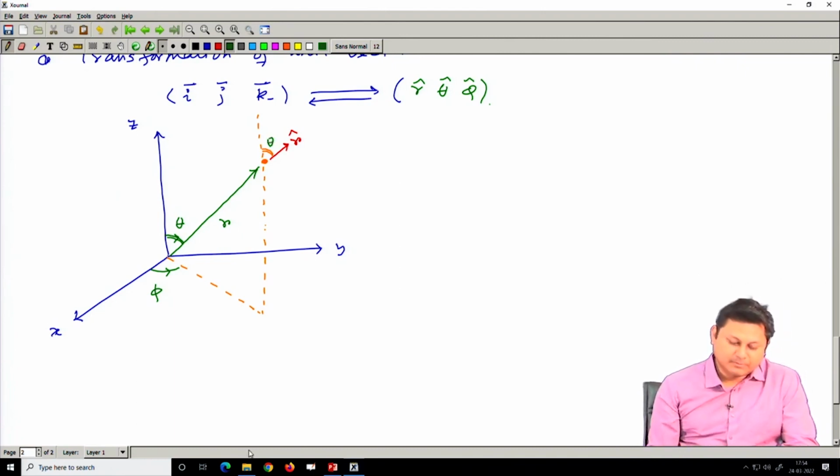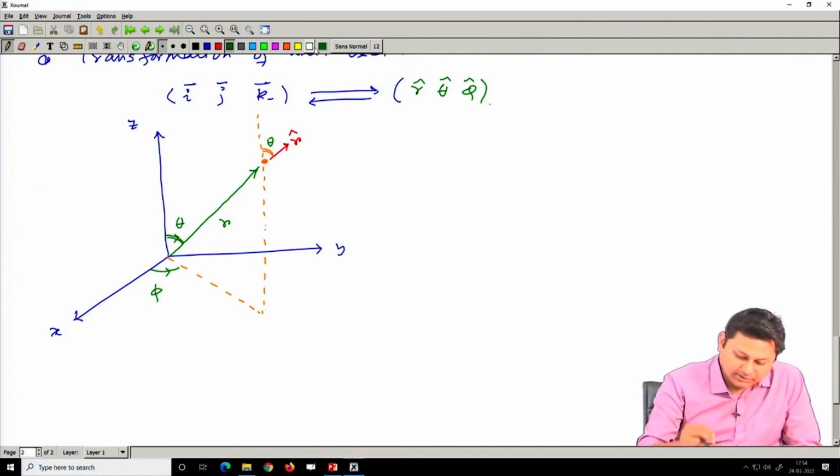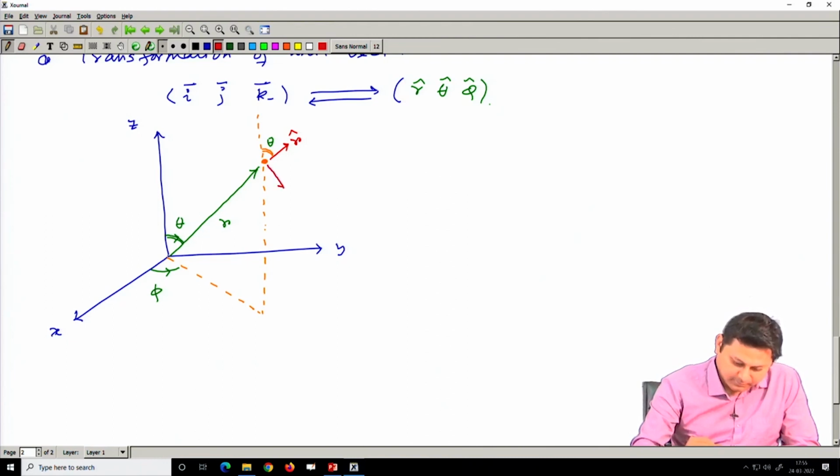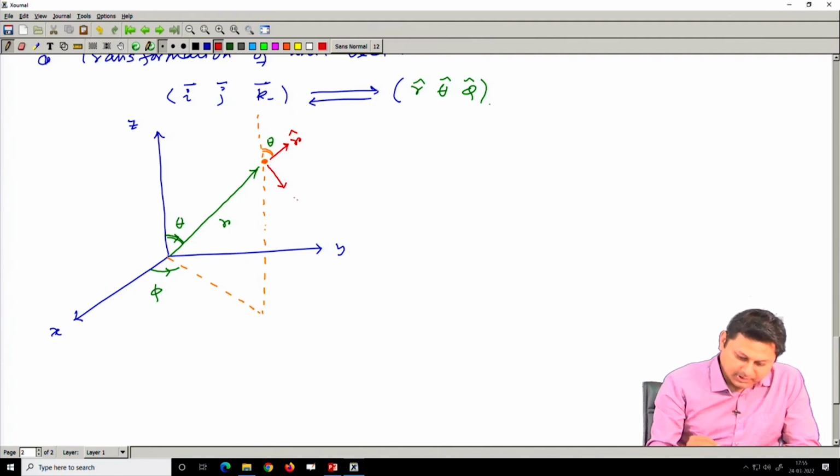What is the theta unit vector? If I draw a curve here, tangentially it should be downward, so it is like this. Say this is my theta unit vector. I am having an angle here, so let us name this angle alpha.